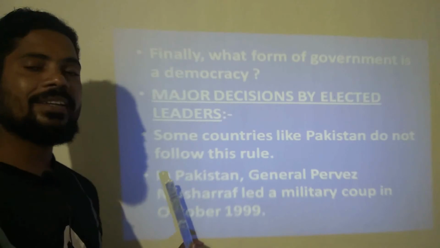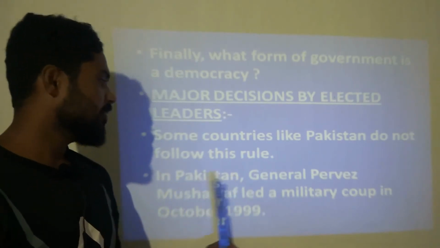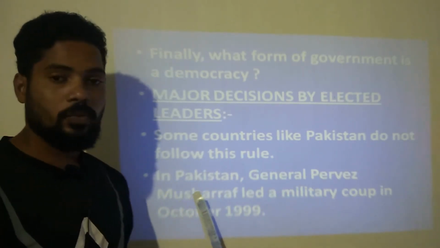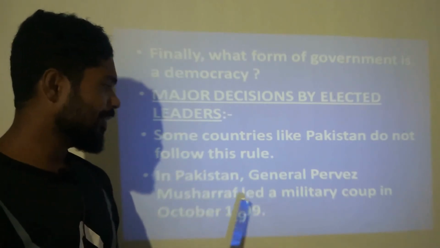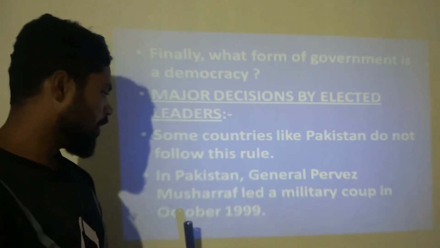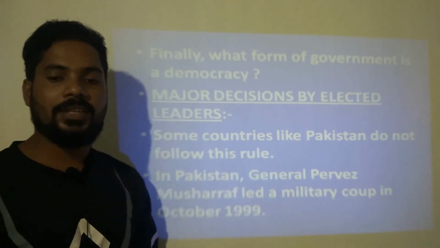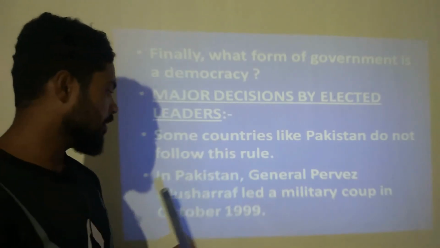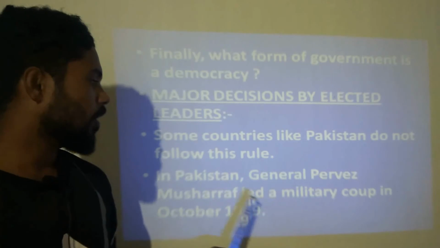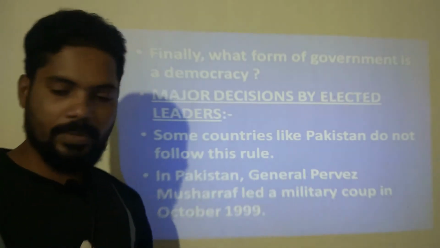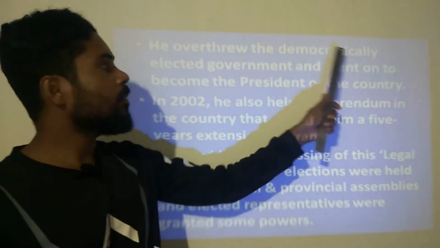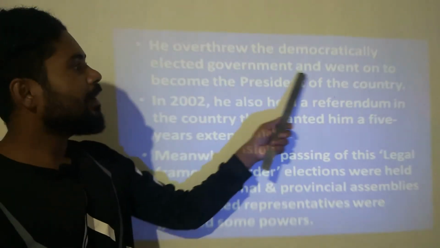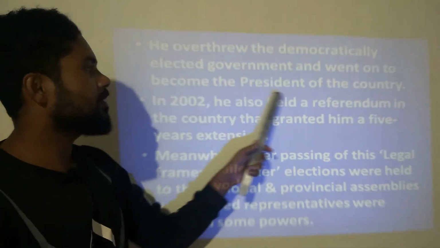How? If you see in Pakistan, General Pervez Musharraf, we all know about him. Pervez Musharraf led a military coup in October 1999. He overthrew the democratically elected government and went on to become the president of the country.